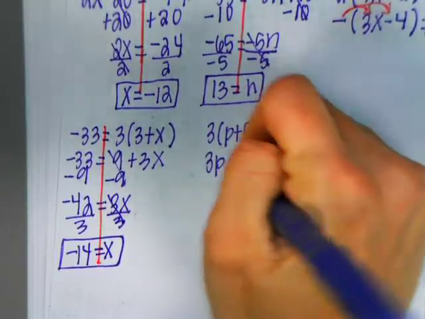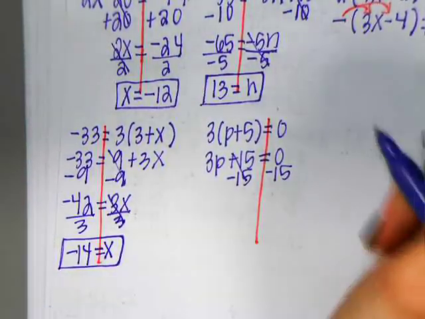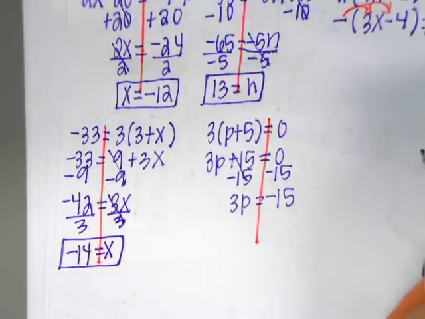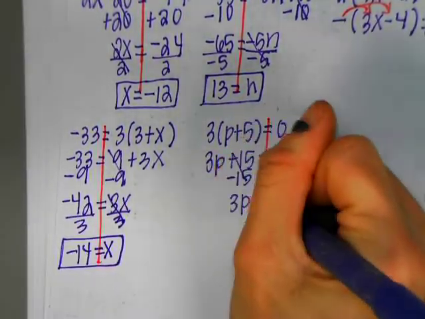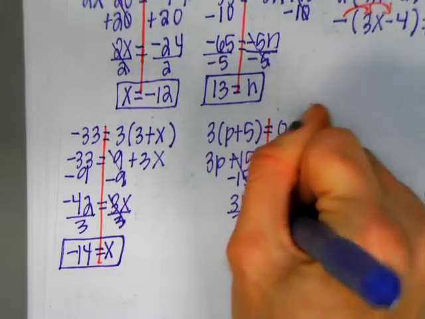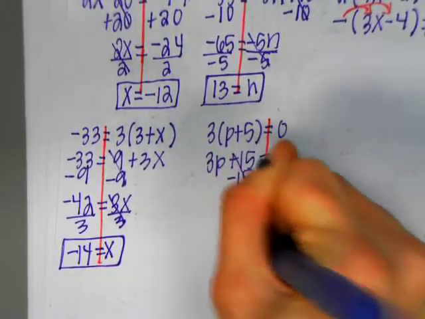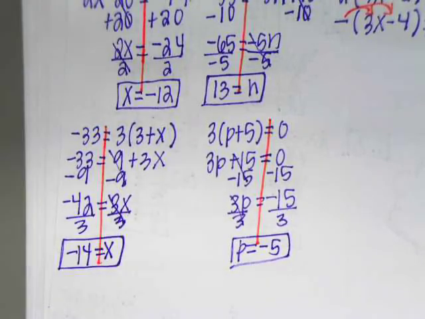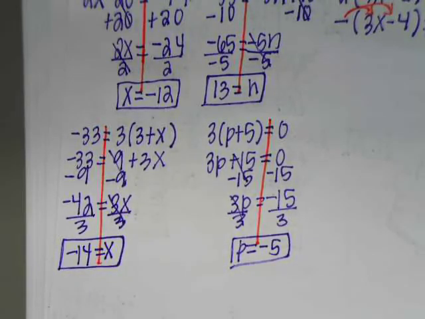And then you have minus 15 to the end. So then you negative 15. And 3p. And then you divide 3 by negative 15. And so what's the answer? We good? Do you have any questions?